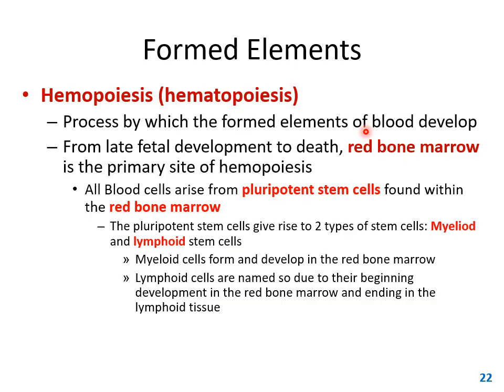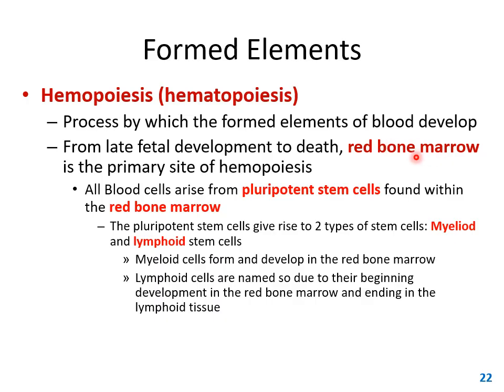Basically, it's going to happen inside your bone marrow, and more specifically, in the red bone marrow. Where do you find red bone marrow? Well, it depends. If you're a child, you're going to find it in your long bones. If you are an adult, it's going to be more in your flat bones, but it's going to be inside of the bones.